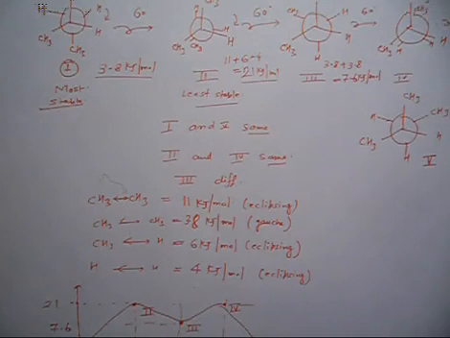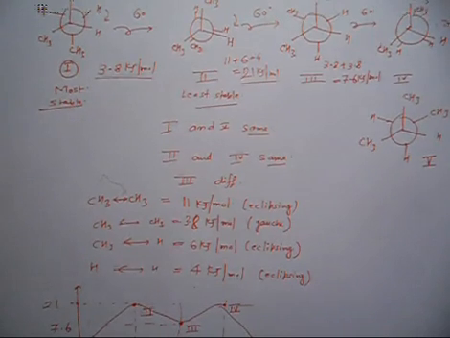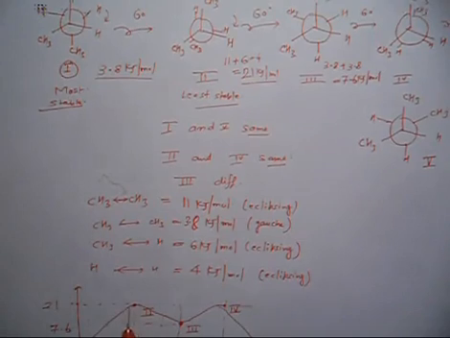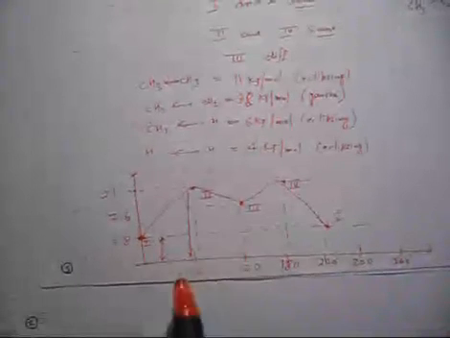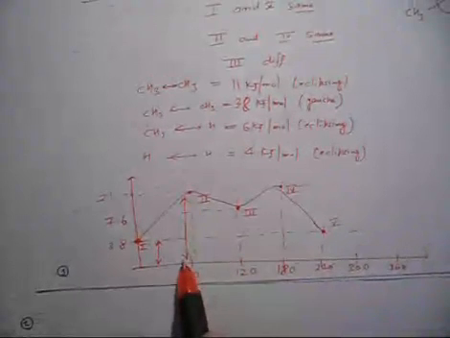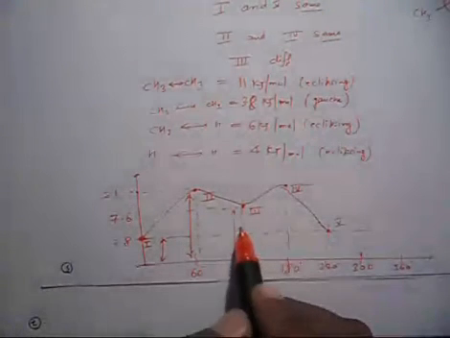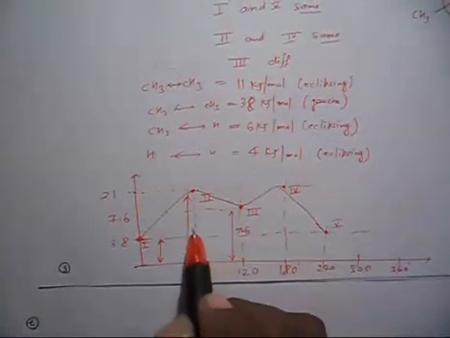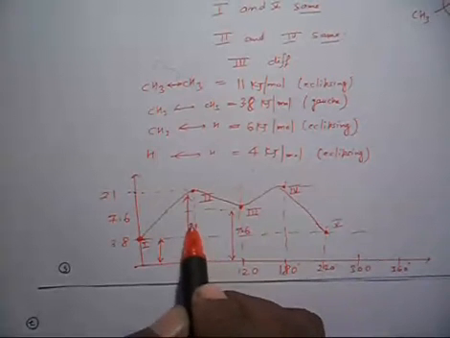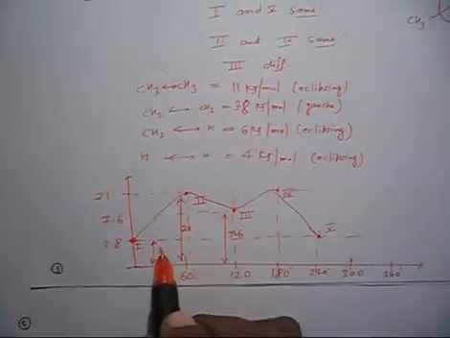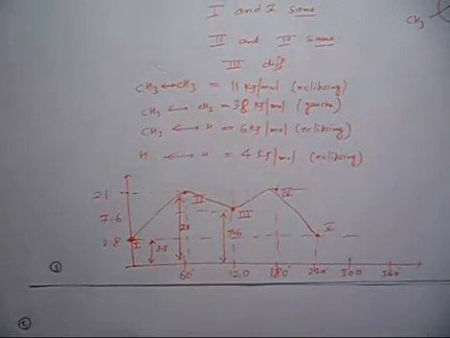So you see this energy is 3.8, this energy is 21, and this energy is 7.6. You can plot these values.